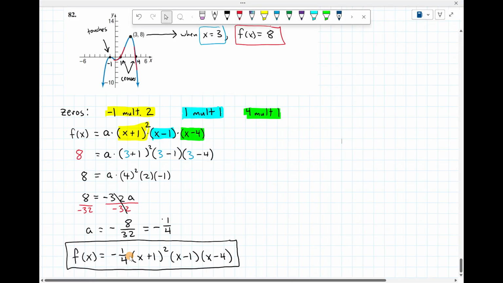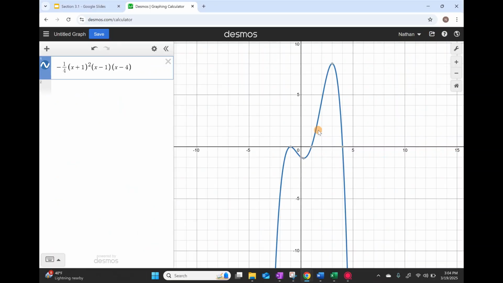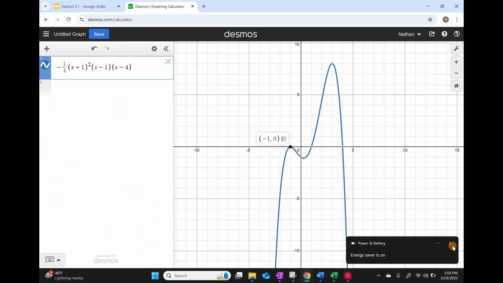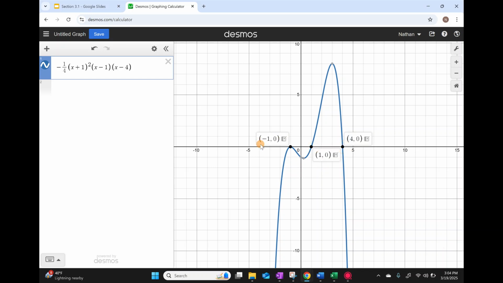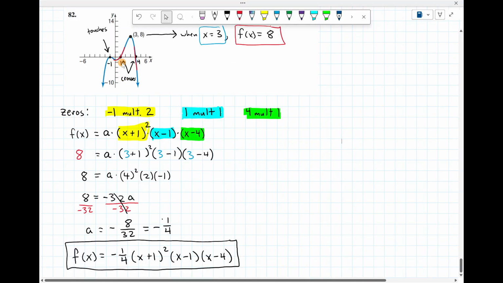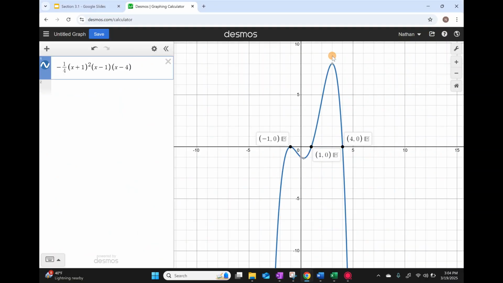And let's see if all the points that we want to be there are there. So we're going to check all 3 x-intercepts. The x-intercepts are negative 1, 1, and 4. That's exactly what we want. What about the point up here? That is (3, 8). That works.